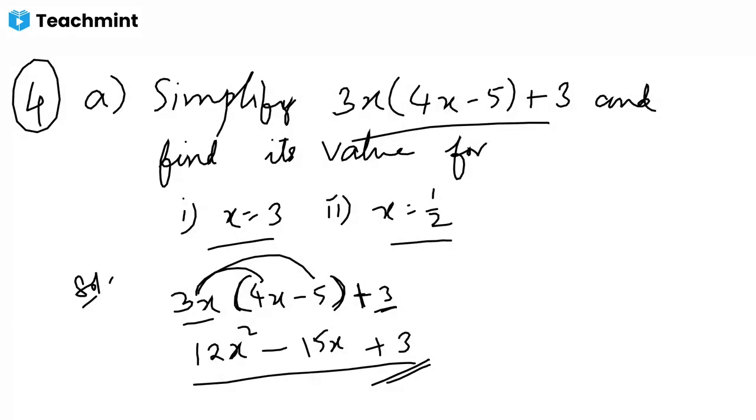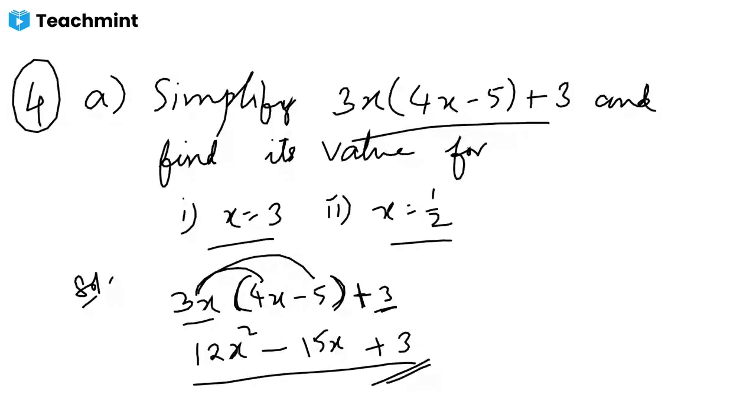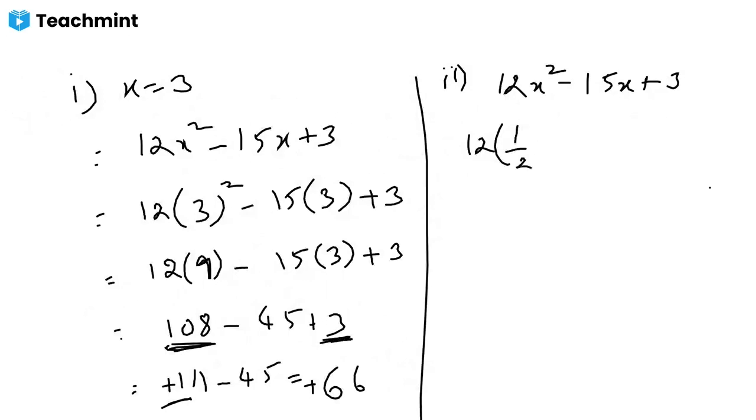So now in this second question, in place of x, what we should write? 1 by 2. So here 12 into 1 by 2 square minus 15 into 1 by 2 plus 3. 1 by 2 the whole square is given. That means 1 has to be squared.